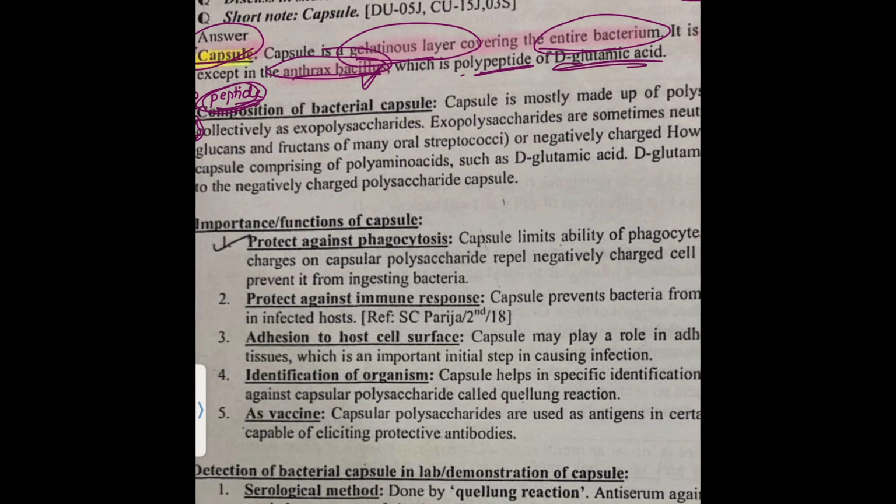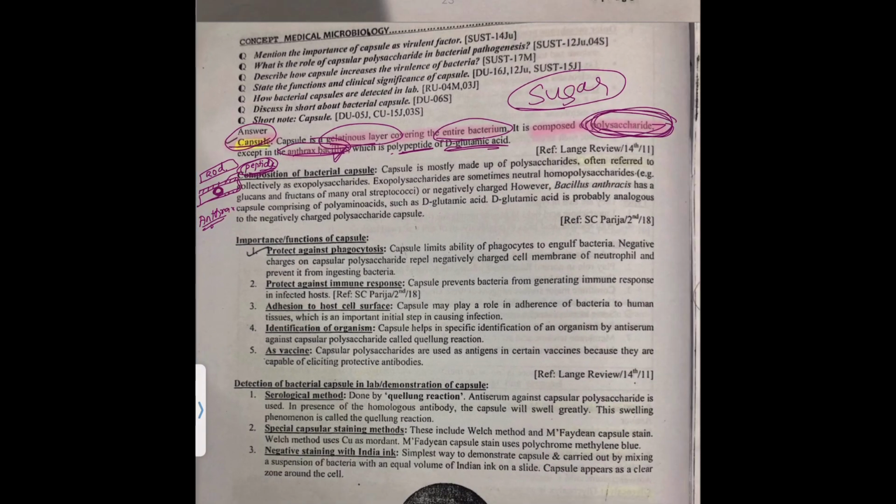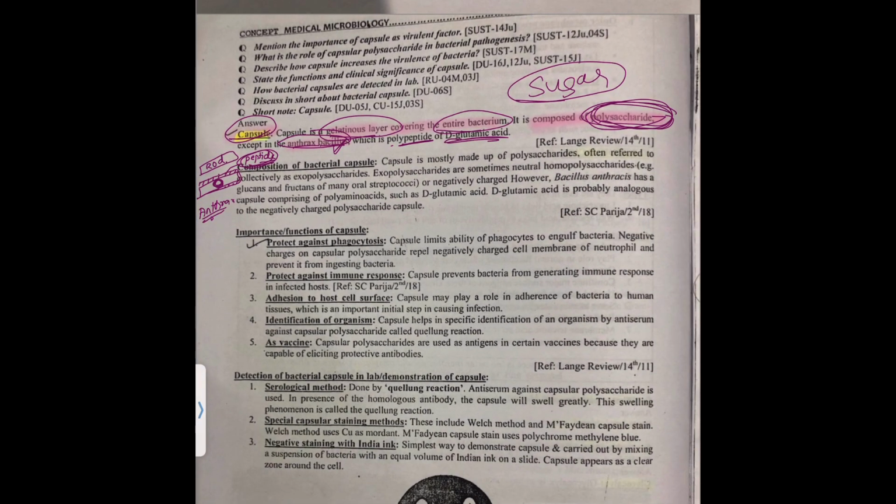So the composition of capsule: it is mostly made up of polysaccharide, often referred to as exopolysaccharides. Exo means it is found outside the bacteria, coating the bacteria. That is why it is exopolysaccharide, and they are neutral homopolysaccharides. Sometimes Bacillus anthracis has a capsule comprising polyamino acids, which is an exception.